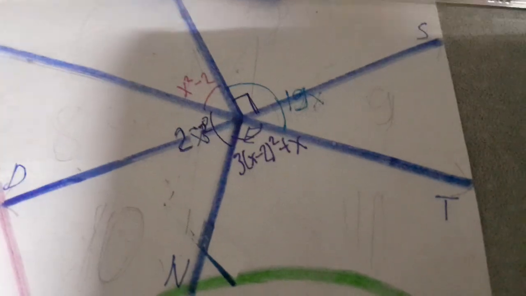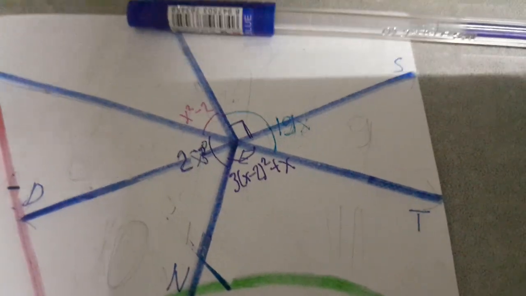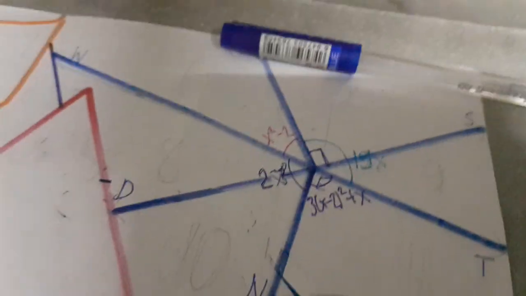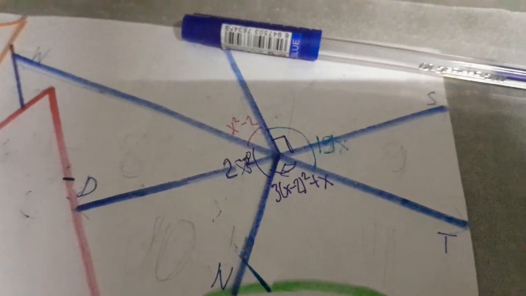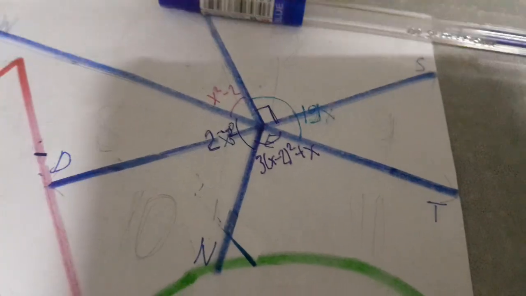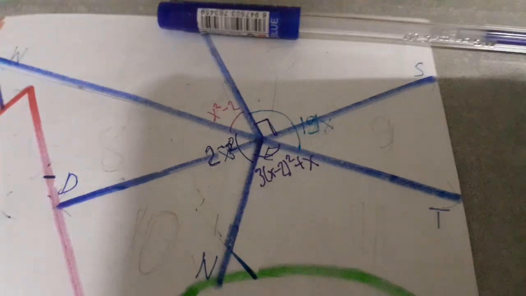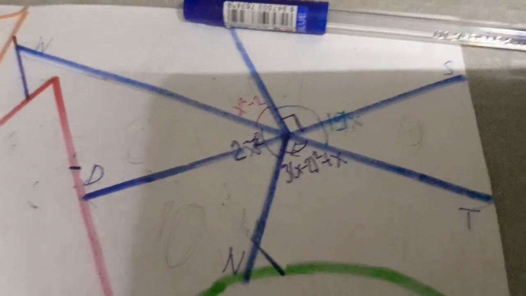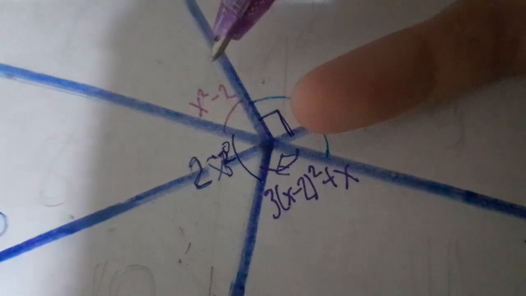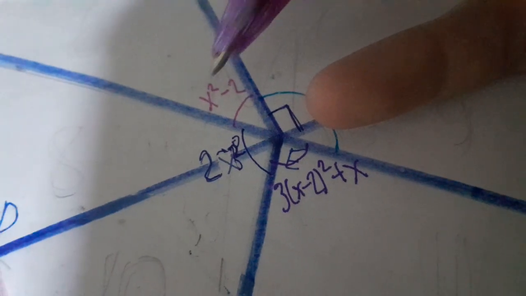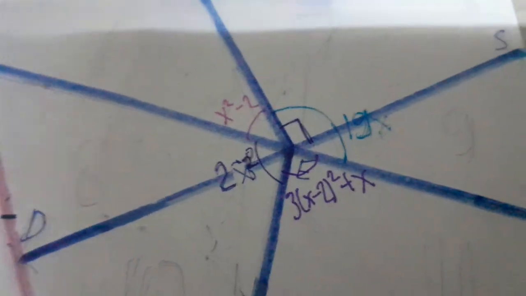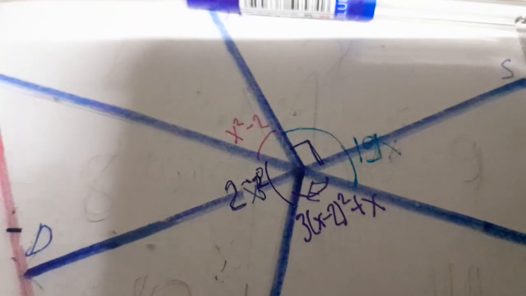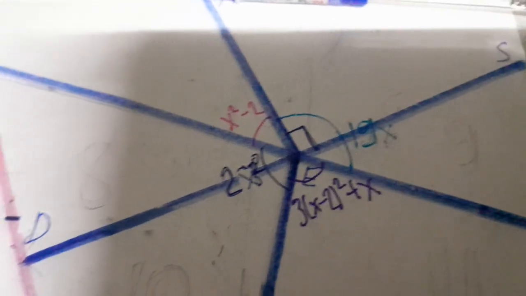One angle measures x squared minus 2 degrees. And that's for the measure of angle WEA. So angle WEA measures x squared minus 2 degrees. So ito yun. You see yung naka-pink dito? So yan, x squared minus 2.